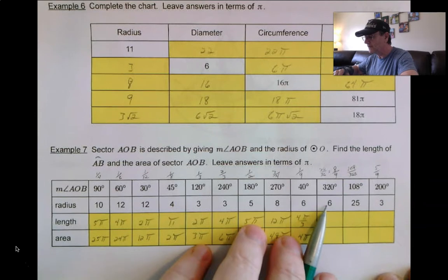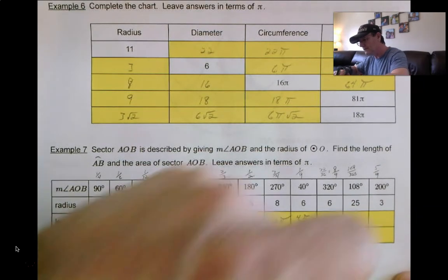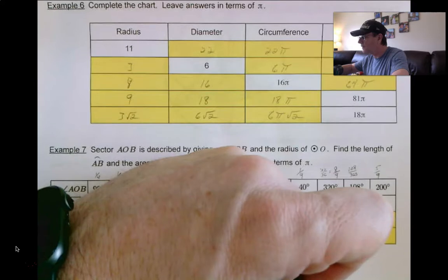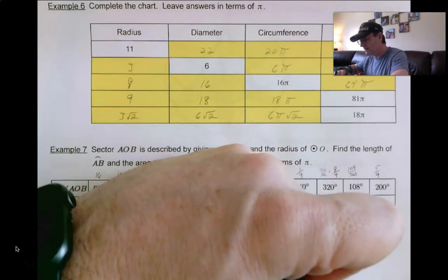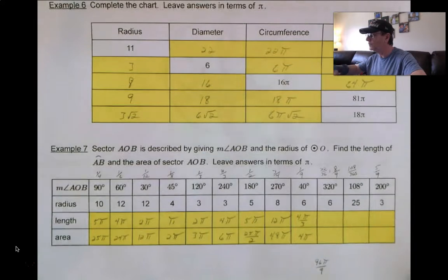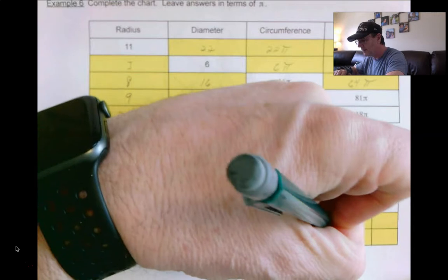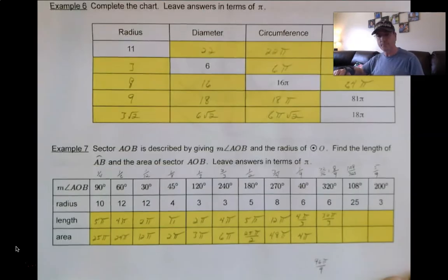Just making sure that I got that right. So 12 times 8 is 96 divided by 9. Doesn't divide evenly, but it's going to reduce. We have 96 pi over 9, and they both reduce by 3. So we have 32 pi over 3.